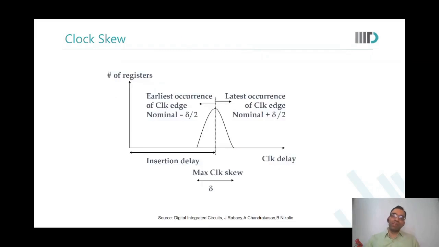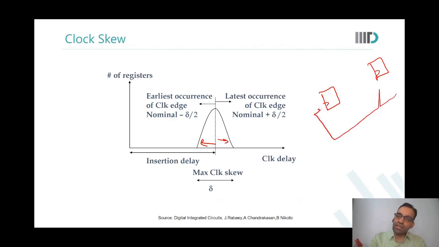So what we are essentially saying is that there could be skew, which could be positive or negative. We are talking about two flops, and the clock could be coming from this side or from this side.